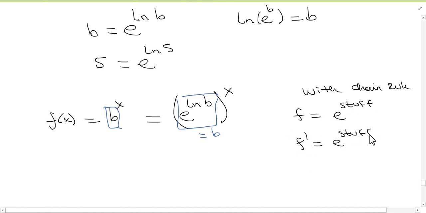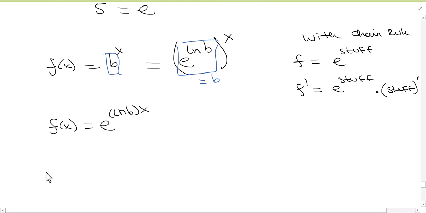You get the exponential back times the derivative of the stuff by the chain rule. So here, now I can say my f of x is e to the ln of b times x. So I have e to the stuff.